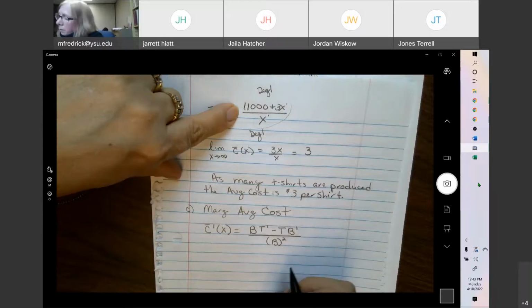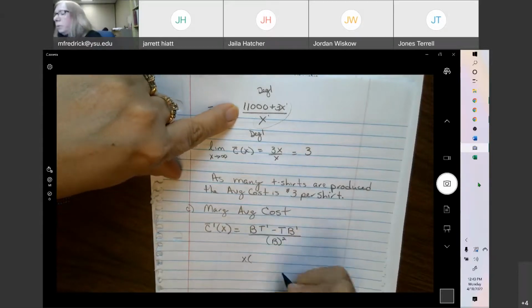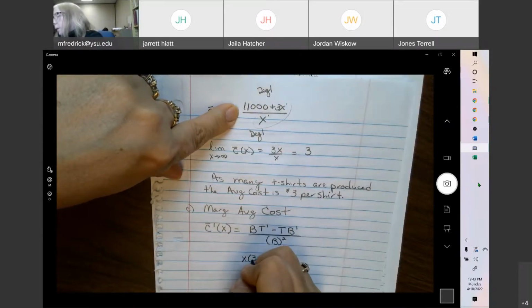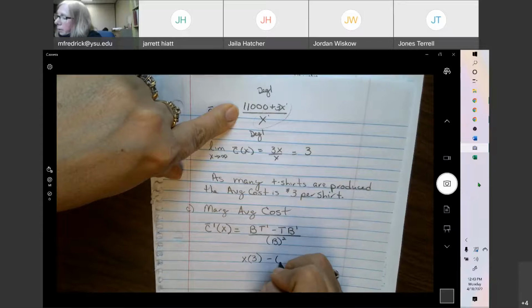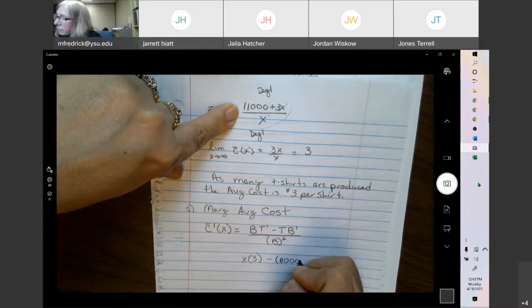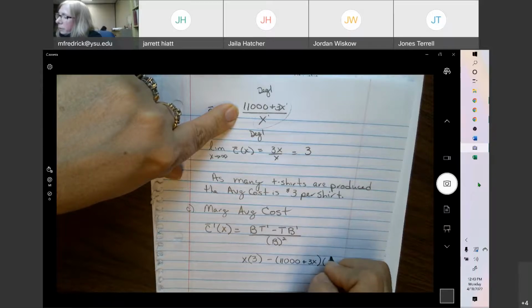Using this, bottom times the derivative of the top is just 3 minus the top times the derivative of the bottom.